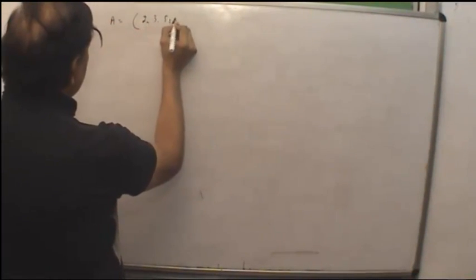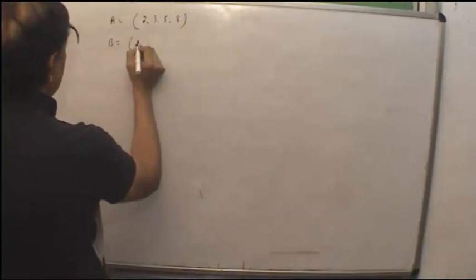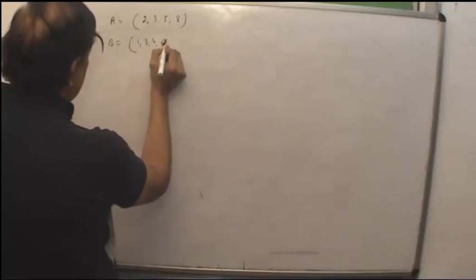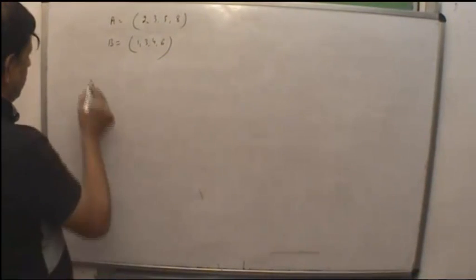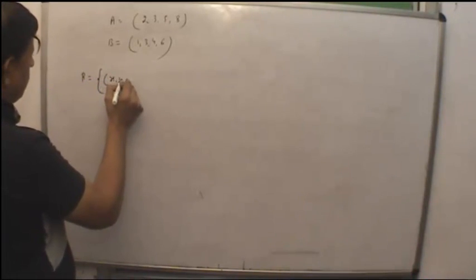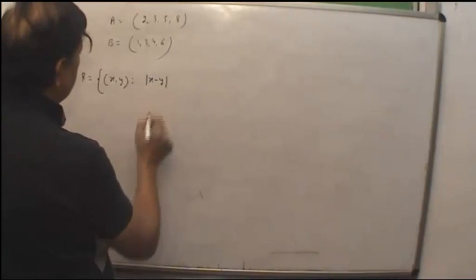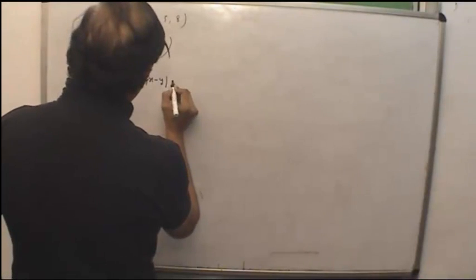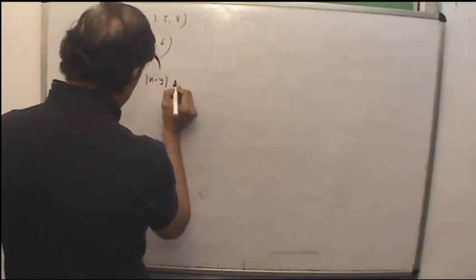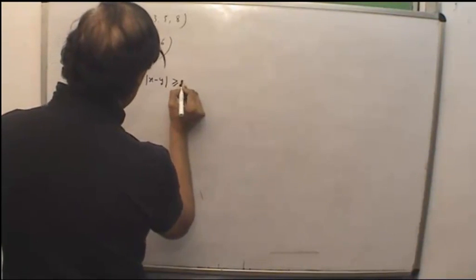Let us say A is the set {2, 3, 5, 8} and B is the set {1, 3, 4, 6}. Define a relation R such that (x, y) such that modulus of x minus y is greater than or equal to 2.